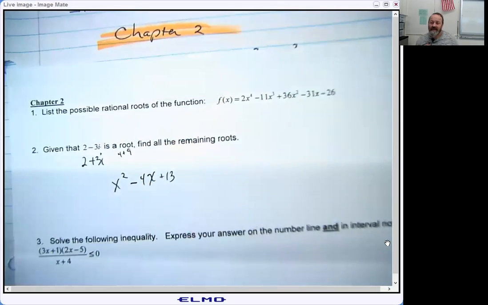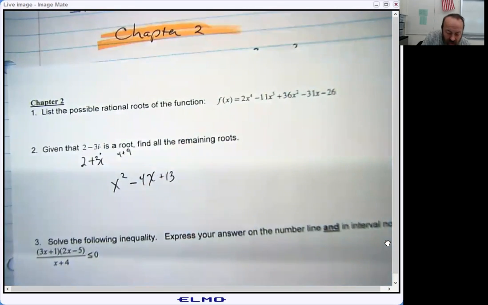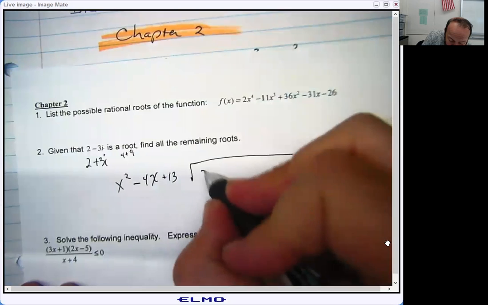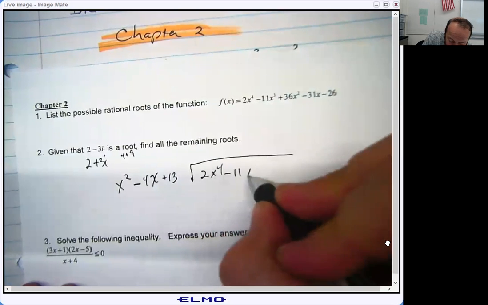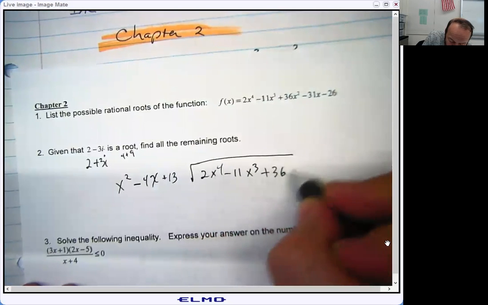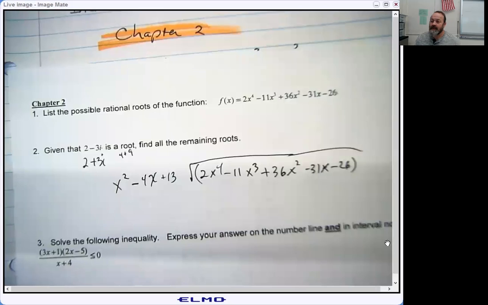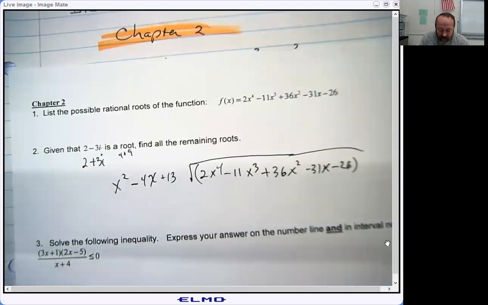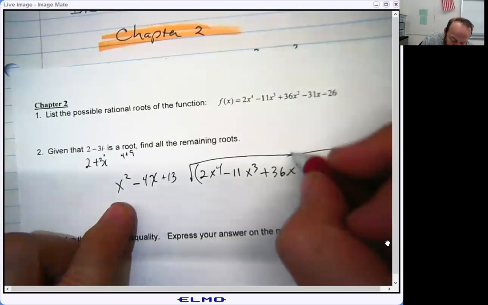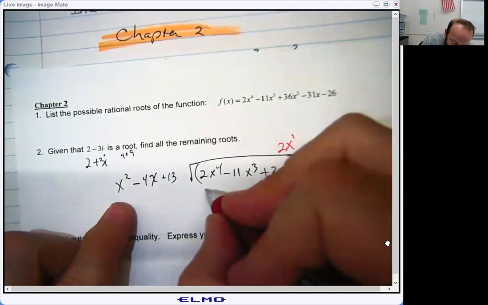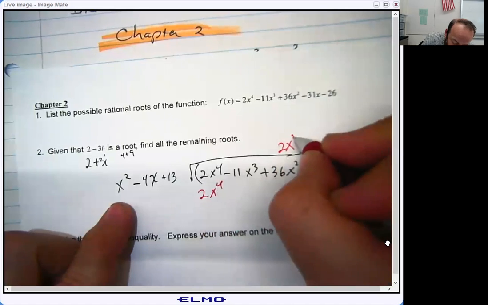And so as it turns out, we could do long division on this 2x to the 4th, 11x cubed, all of this stuff, and we will get the same answer as we would if we did the synthetic division. Every year I have some people that like one, and people that like the other. If we had 2x squared, that would make 2x to the 4th.